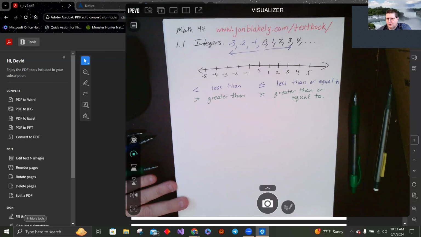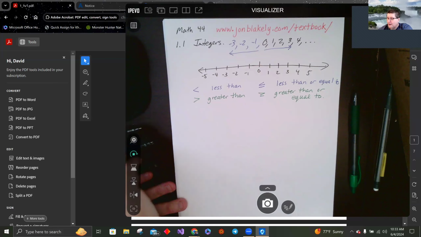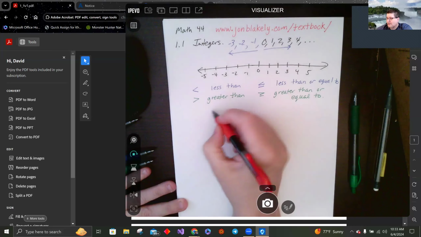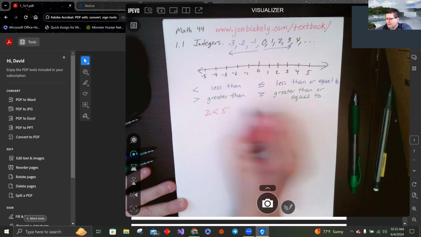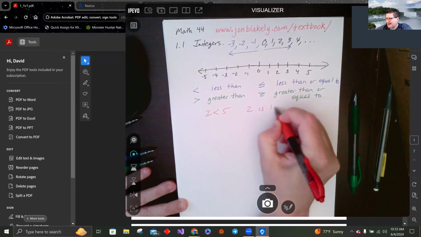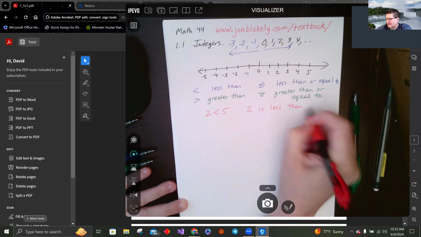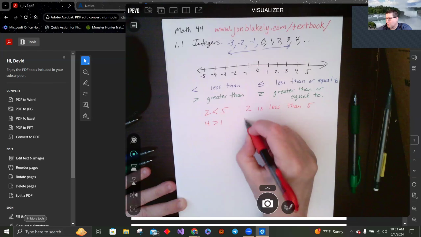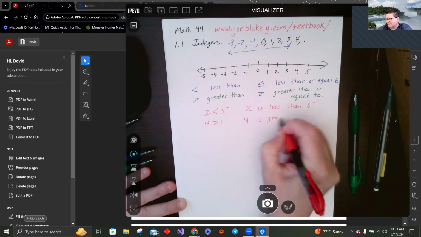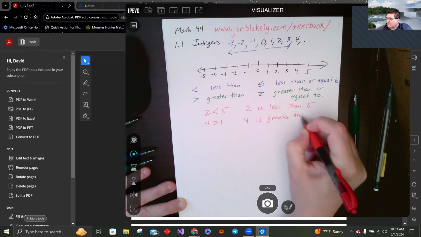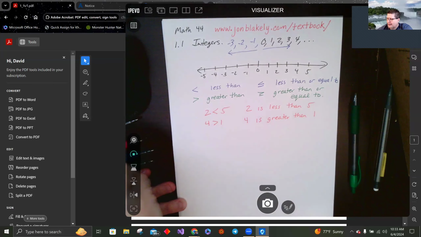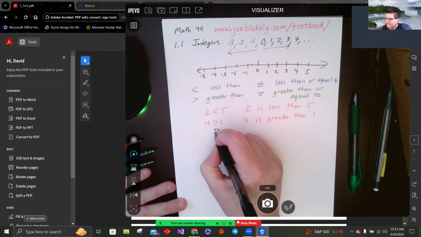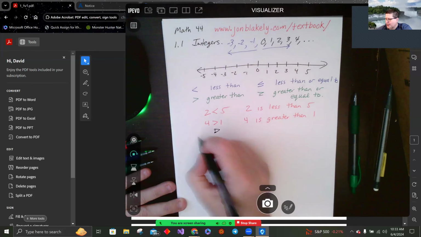And just to make it really clear so people aren't making a mistake, people mix these symbols up all the time. That reads 2 is less than 5. That is 4 is greater than 1. If you treat it like an alligator or a vampire, it's going after the bigger meal.